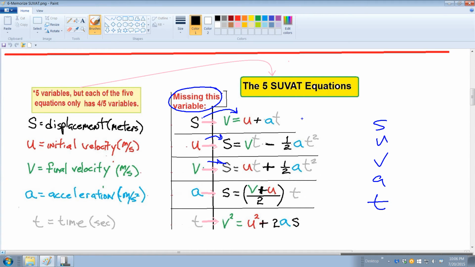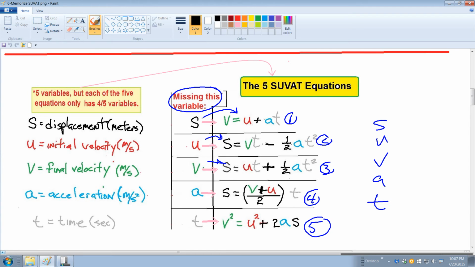As I go through the problems in subsequent videos, I'm going to refer to the first SUVAT equation, the second, the third, fourth, and fifth. So when you memorize them, you'll know what I'm referring to.